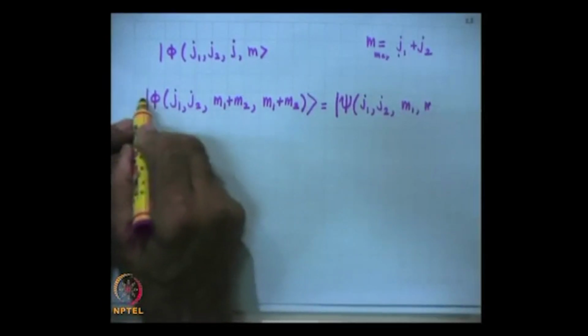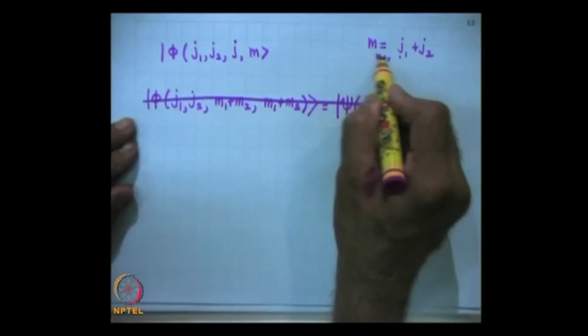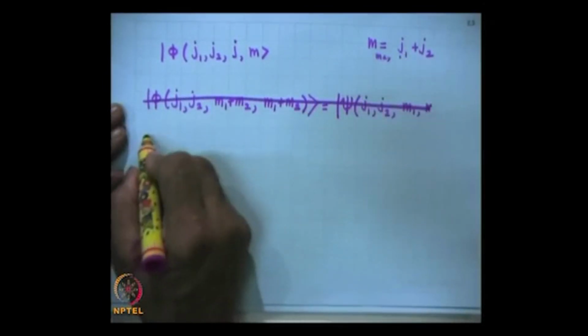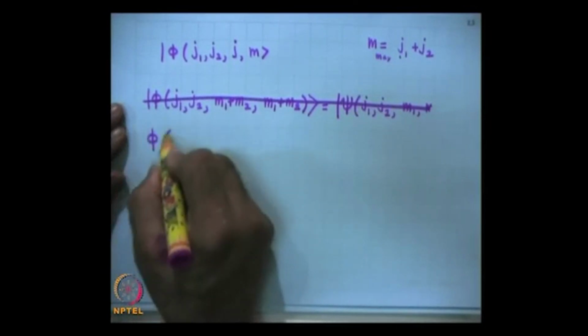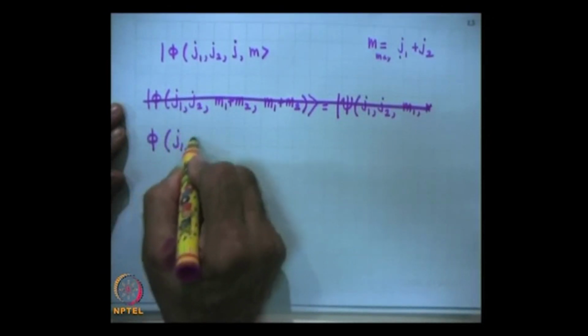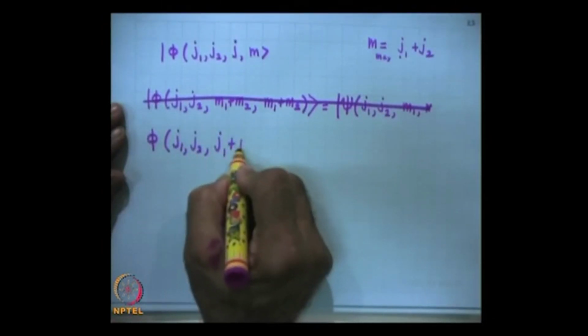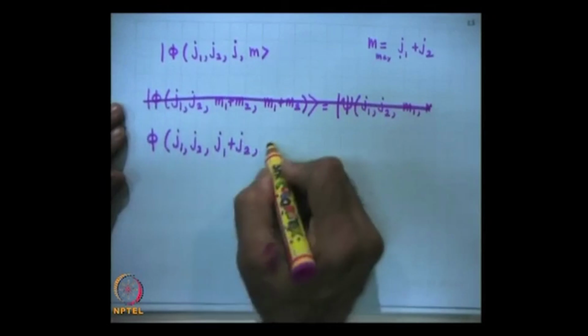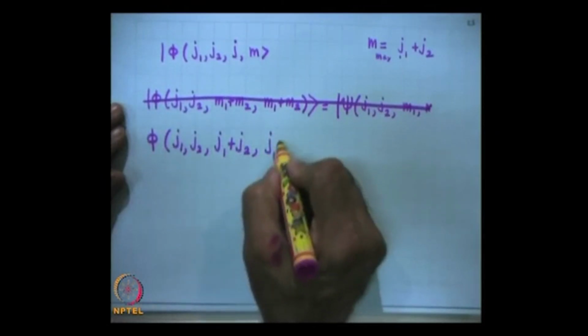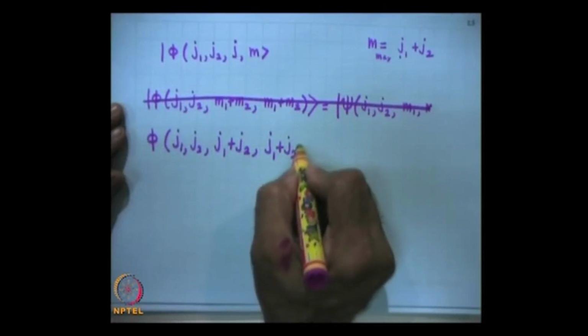I am sorry. The maximum value of M1 is J1. So, therefore, phi J1 J2 J1 plus J2, this is the maximum value of J, and the maximum value of M is J1 plus J2.